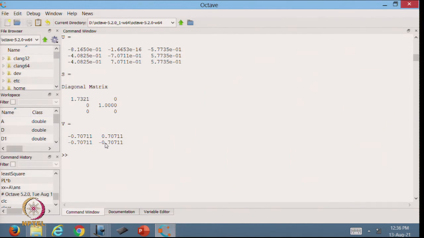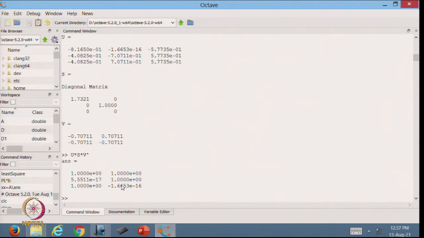So, my u and v have changed now. I will take this u, multiply by s and multiply by v transpose, and I get this value. This is the same matrix that we got, 1 1 0 1 1 0.